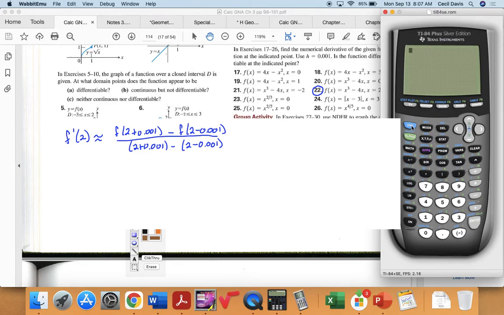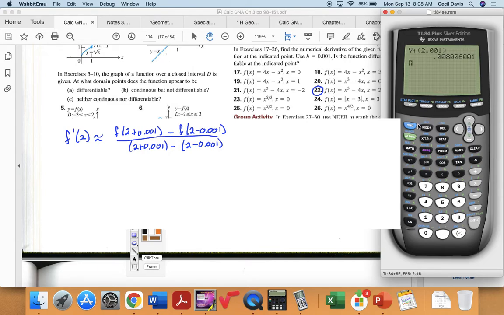If I go to variables and move over to y variables, and if I do y1, I wonder if you can actually put in something, 2.001. I don't think so. Let's see if that's really right, 0.008. That doesn't seem right, does it?